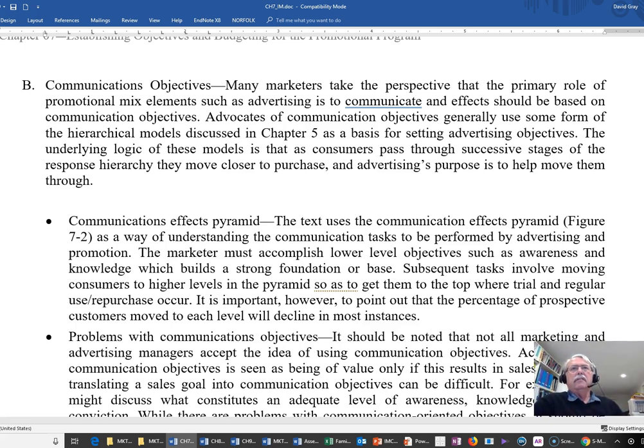The logic is that consumers pass through successive stages of the response hierarchy, and that advertising or promotions or all major aspects of the IMC program are used to help move consumers or stakeholders through that hierarchy.